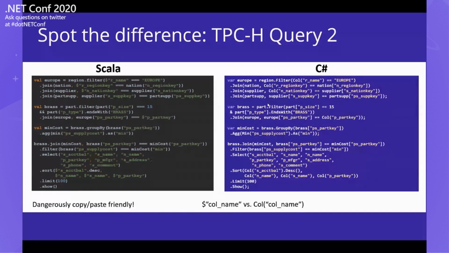The second piece you will notice is there are subtle differences, like the way you would address a particular column. And finally, some bits and pieces about capitalization. But I'm not kidding. The 22 queries of TPCH, it literally took me less than an hour to copy paste from Scala into C# and just change them to actually make them work inside C#. And I'm pretty sure you're going to love the experience.